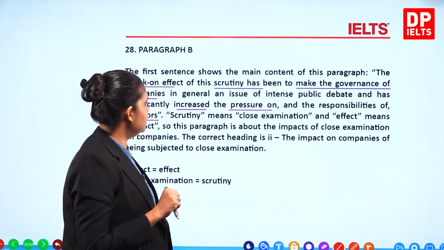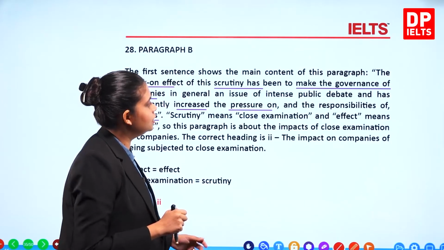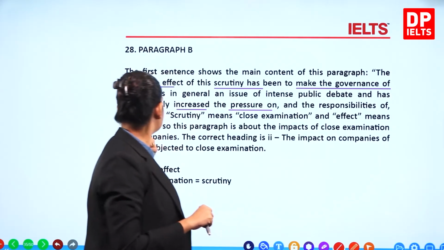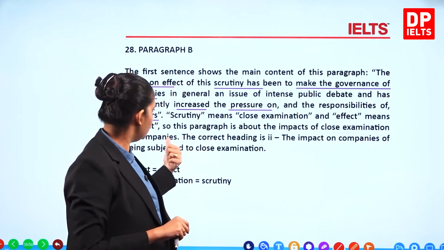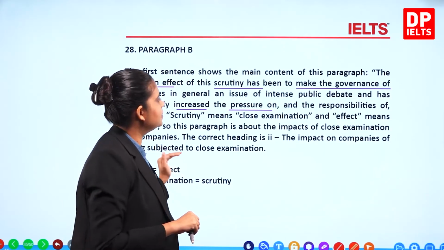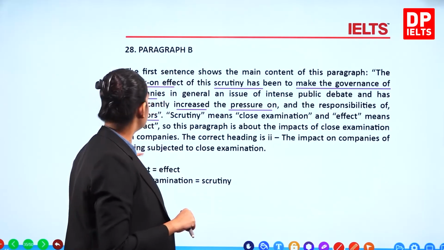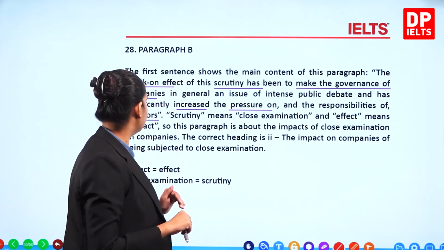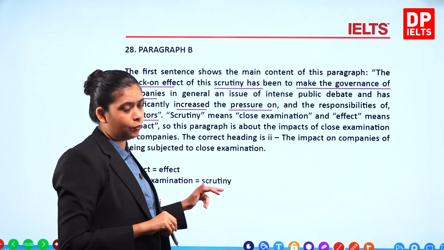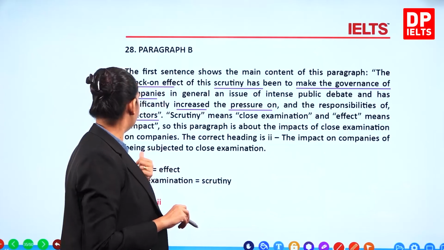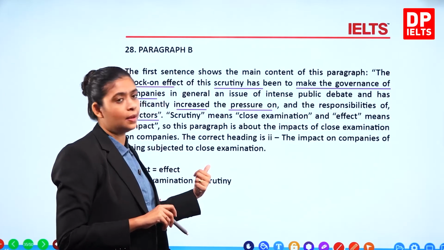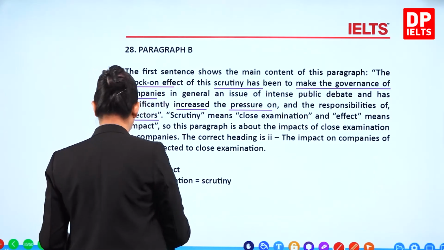So scrutiny means close examination and effect means the impact. So this paragraph is about the impacts of close examination on companies. Therefore, the impact on companies being subject to close examination, that is number 2.